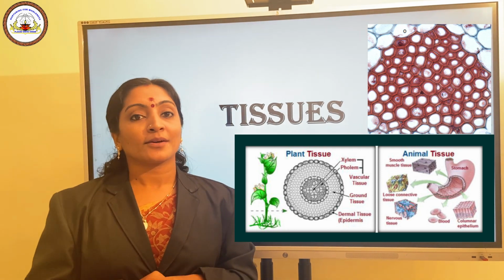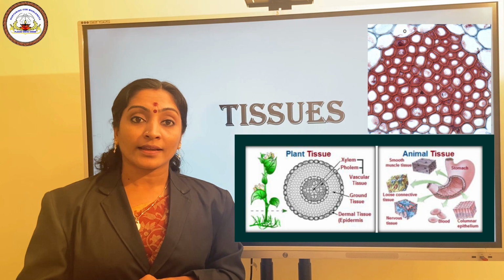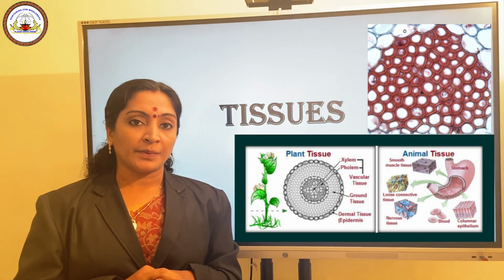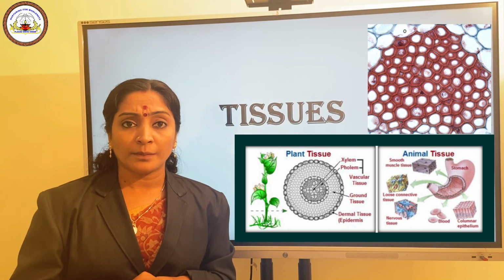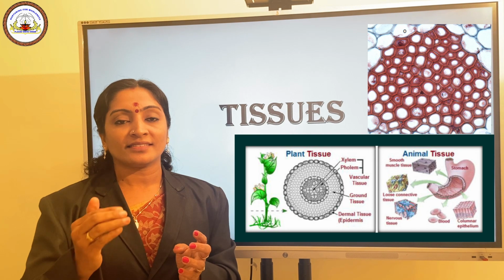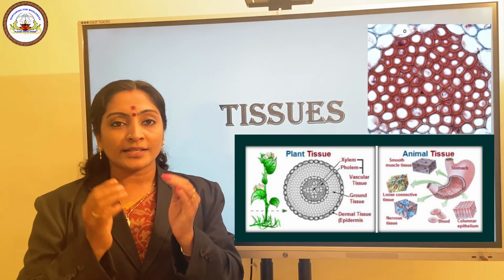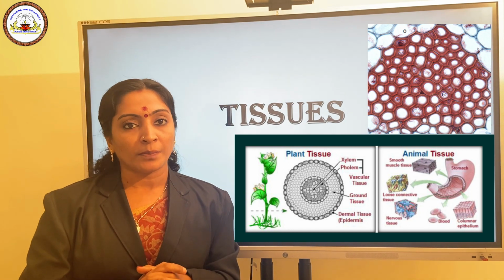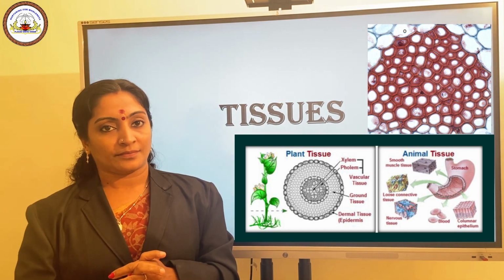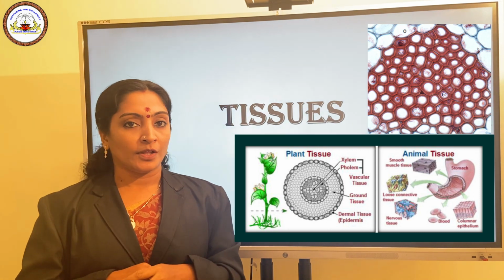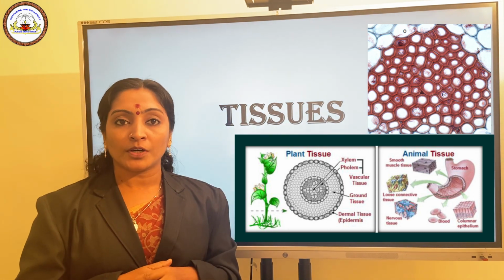In multicellular organisms like plants and animals, even in human beings also, division of labor is there. What is division of labor? The entire work is divided into single units. And each unit, otherwise the function of a single unit, is carried out by a group of cells. Understood? For example, we are able to move our body parts. How are we able to move our body parts?